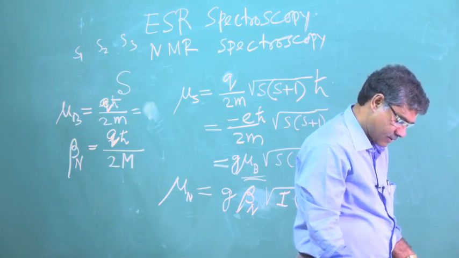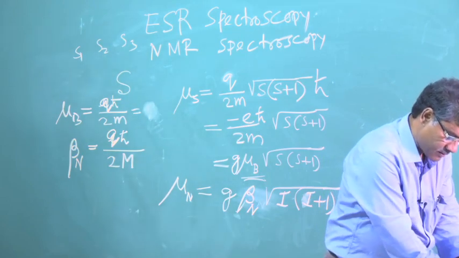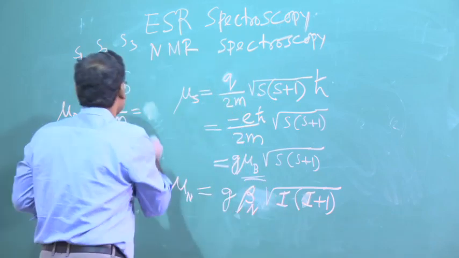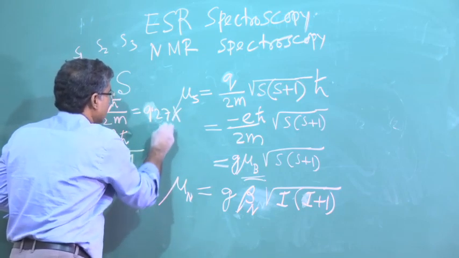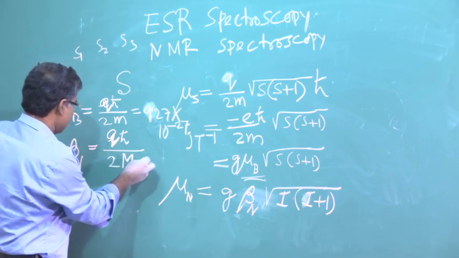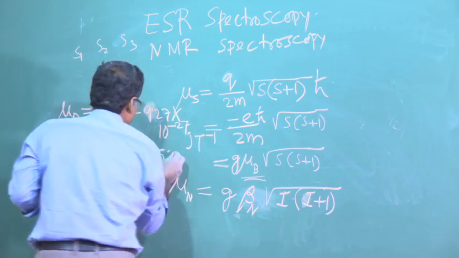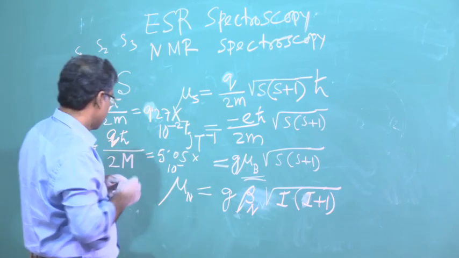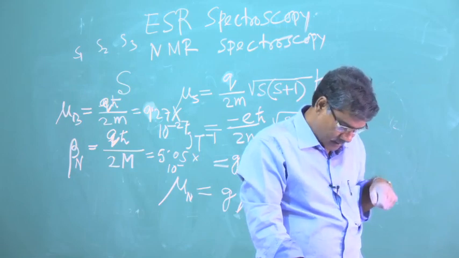I have to check it. What is the value? So the Bohr magneton is 9.27 into 10 to the power minus 27 joule per tesla. Whereas the nuclear magneton's value is 5.05 into 10 to the power minus 27, no, this other one is 24.